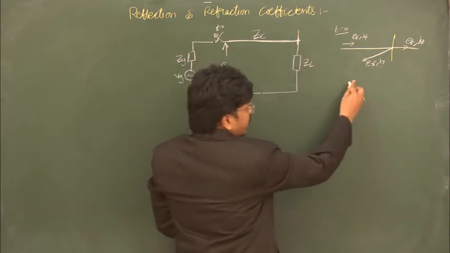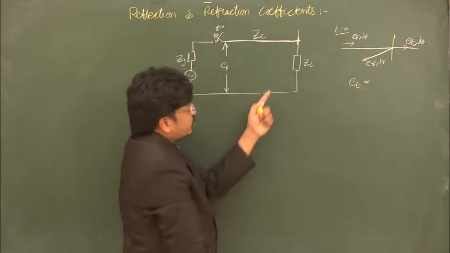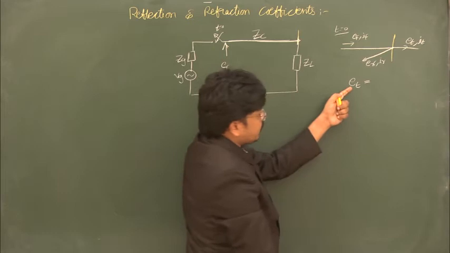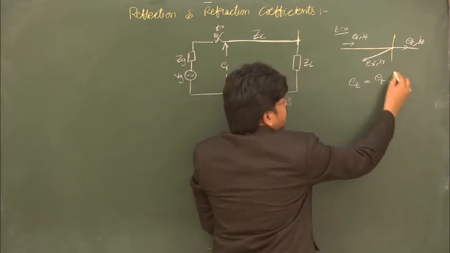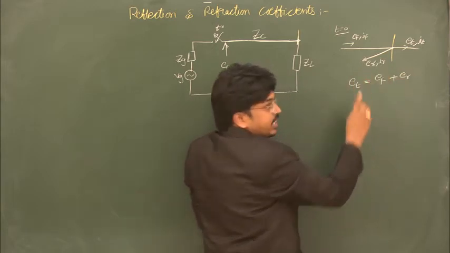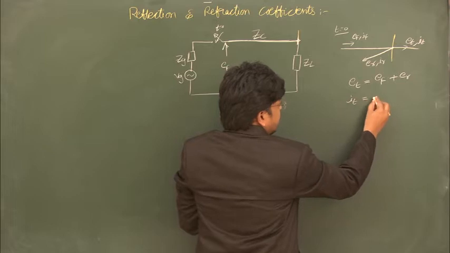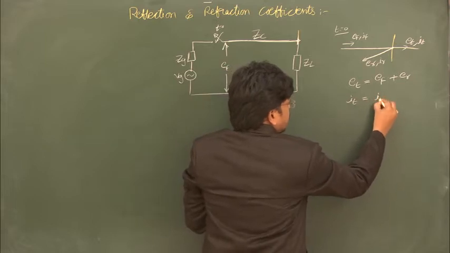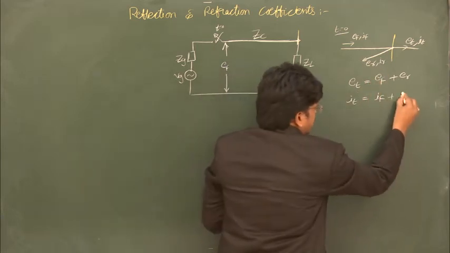Here the transmitted voltage through the load impedance is assumed to be ET, which is the sum of the incident voltage EF plus the reflected voltage ER. Similarly, the transmitted current IT is the summation of the incident current IF plus the reflected current IR.